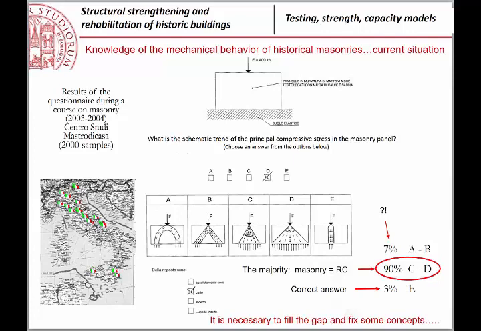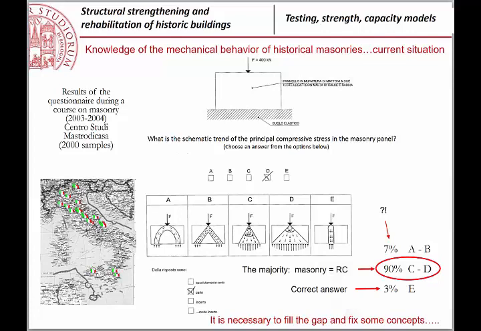Old means it is done with a masonry quality which is not the kind of masonry that we use now. And especially for all the masonry buildings, the behavior of the masonry is quite different from what you may expect if you just think of the classical rules of elasticity, for example. The behavior is completely different for several reasons.